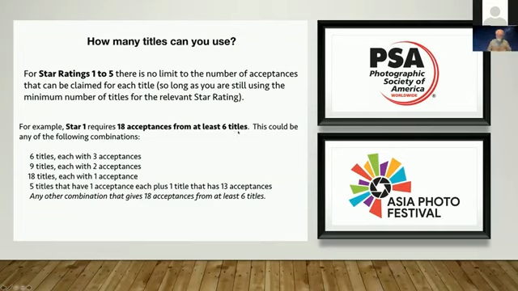Now, keep in mind that if you use a title for star 1, you can continue to use that and get more acceptances for it and still use that title for star 2 and star 3 and so on. You can continue to use the title from star 1 through to star 5. It's only once you've got star 5, you can't use the title anymore for galaxies.